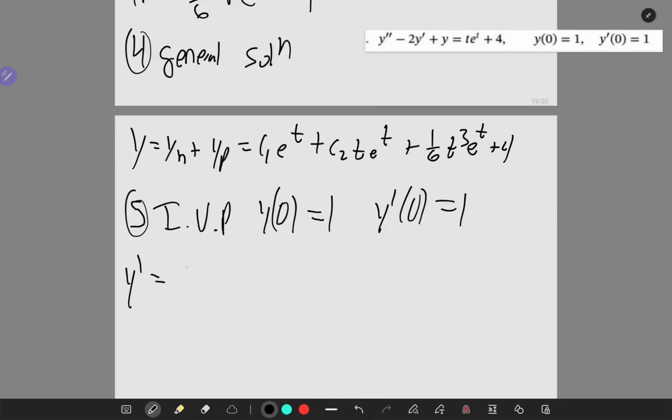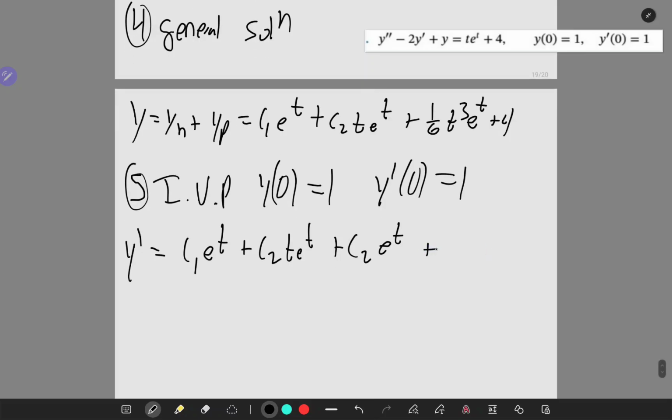Y prime would be c1 e to the t plus c2 t e to the t plus c2 e to the t plus 1/6 t cubed e to the t plus 3/6, which is 1/2, t squared e to the t, plus nothing.